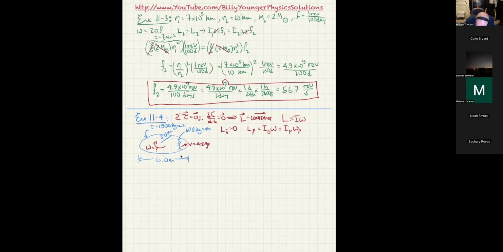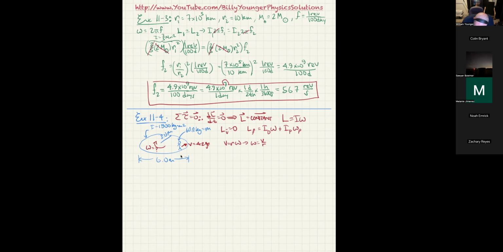Now, what we do know is the person's running at the end, so v is equal to r omega tells us omega is just v over r. Additionally, the person is probably pretty small compared to the disk, so we can treat him like a point object. We're going to think of him as a mass m at a distance r away, and it's the only mass, so the moment of inertia in that case is just m r squared.